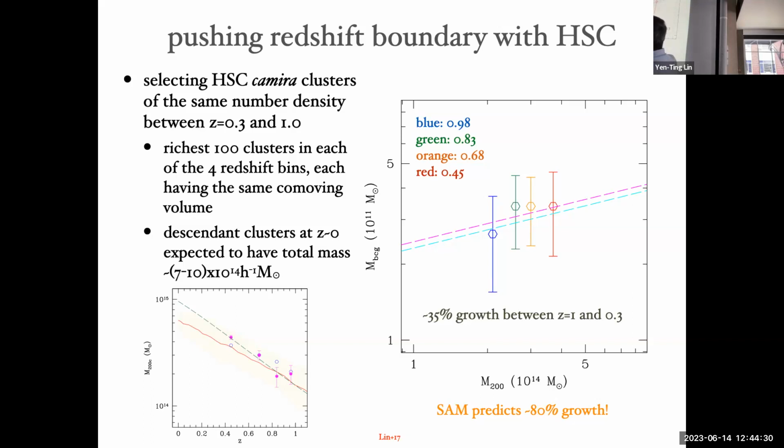In this figure, I show the BCG mass on the y-axis and the cluster mass on the x-axis. The data points are color-coded according to their redshifts from high to low. And we see only about 35% growth between redshift 1 and 0.3, while the semi-analytic model predicts at least 80% growth.